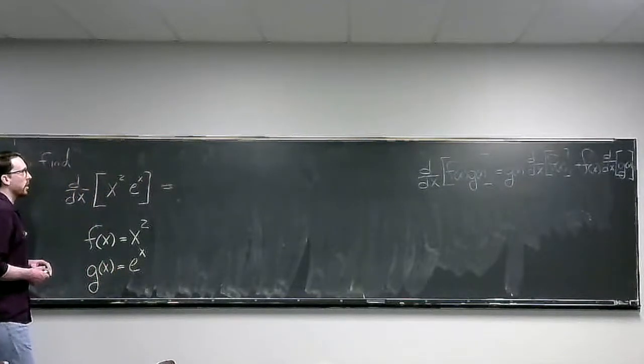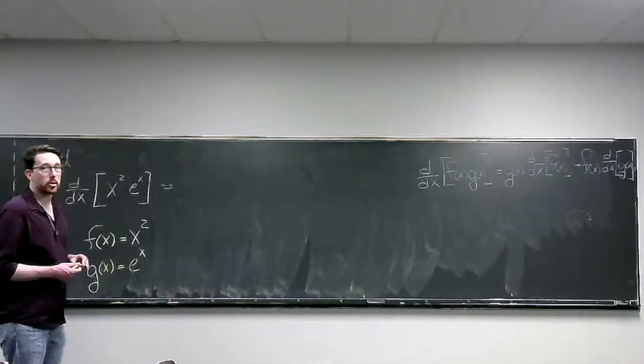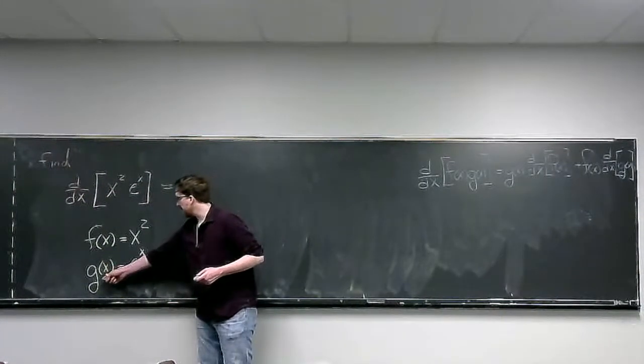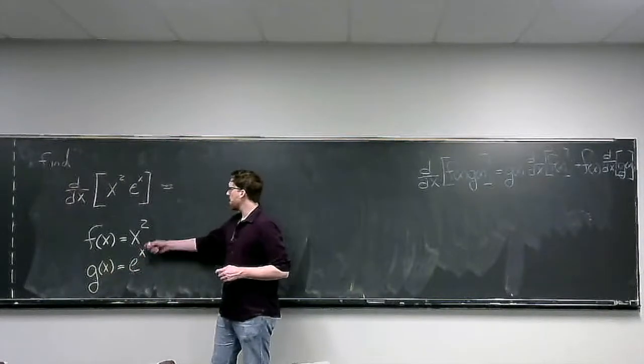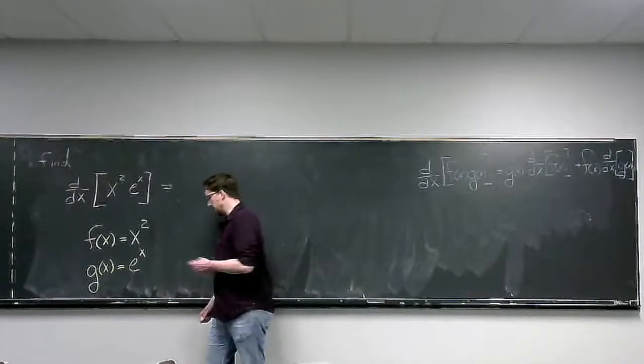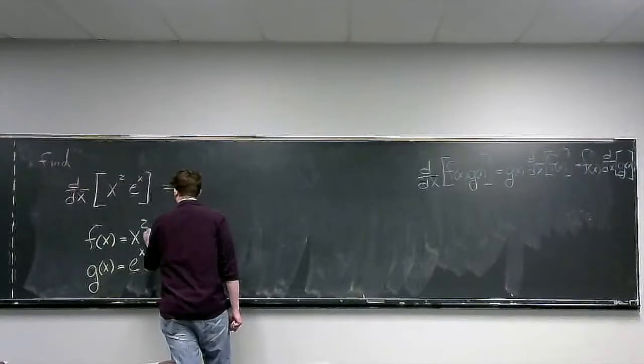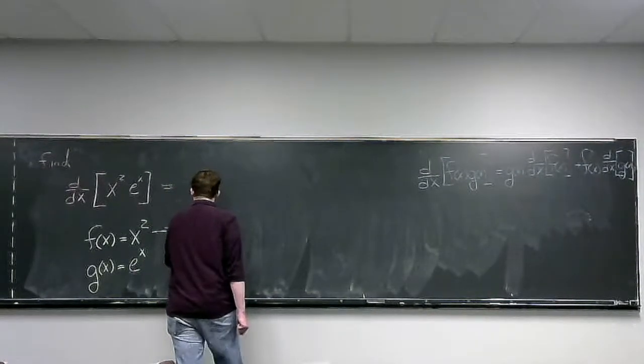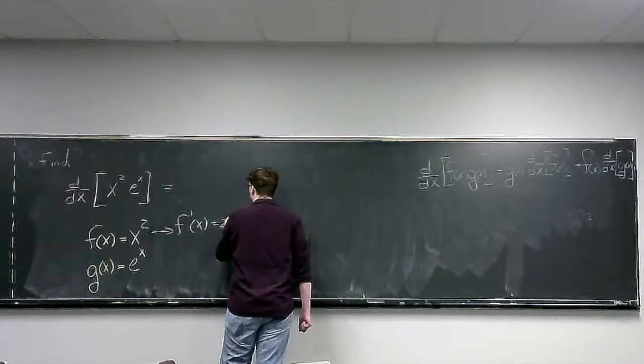Okay. Now here it is going to be helpful to break this problem up. Since we've identified what f and what g are, why don't we go ahead and take both of their derivatives? This tells us that f primed of x is going to be equal to 2x.